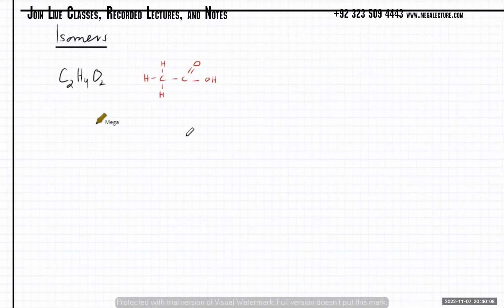It could look like this as well, with an OH and an H. That is also C2H4O2. Or the double bond O might be on the other carbon, with an OH on the other side.